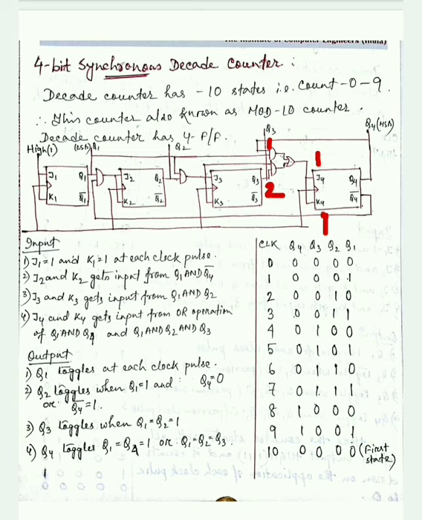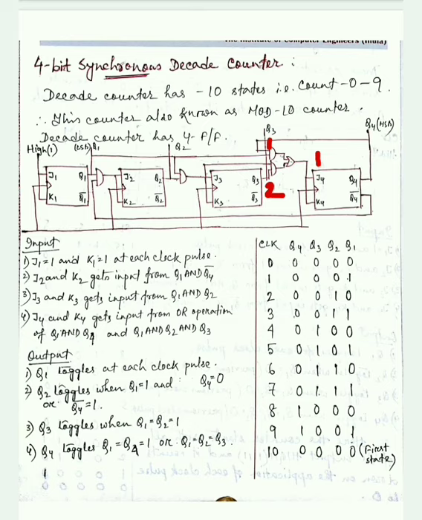You see here, the inputs of AND gate 1 are Q1 and Q4.